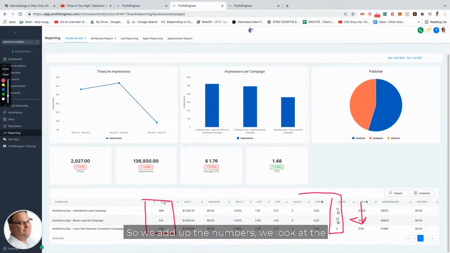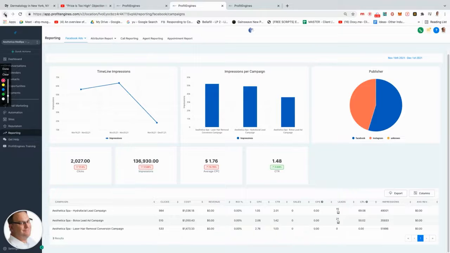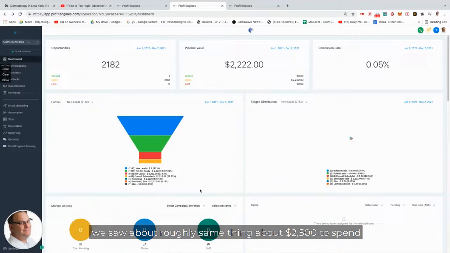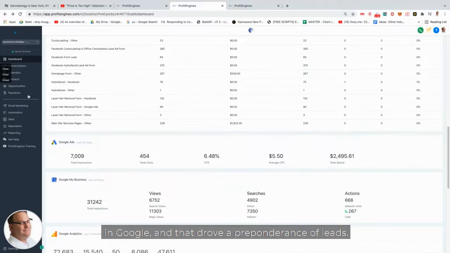So we add up the numbers, and we look at a cost of about $2,500 in Facebook. And if we go back to that same page, we saw roughly the same thing, about $2,500 spent in Google. And that drove a preponderance of leads.